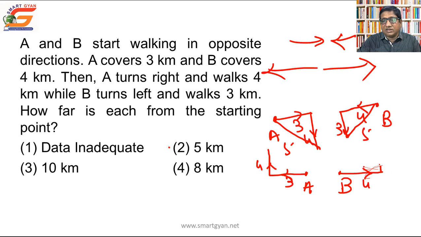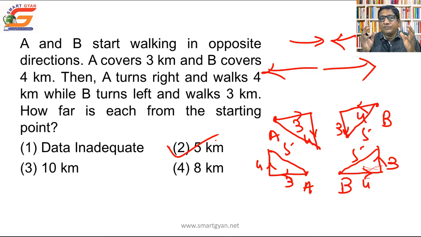And B turns left and walks 3 kilometers. Then what is the distance between these two? It is the same situation. This is also one more tricky question to befool you. This will also be 5. In both the cases, the distance between origin and destination is 5 km. Choice 2 is your answer.